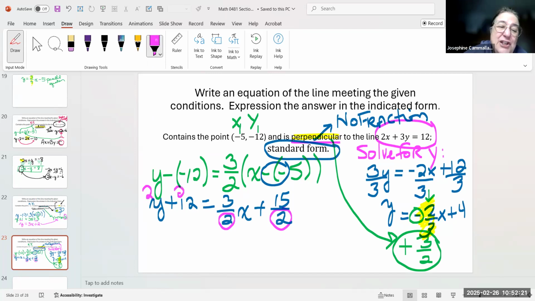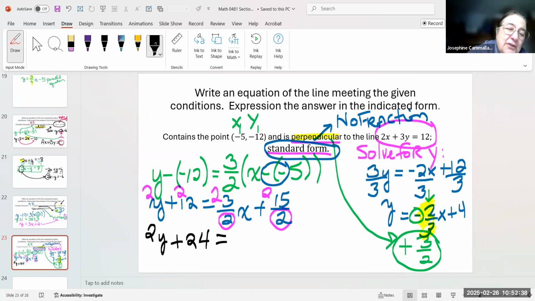Multiply each term by 2, because standard form says no fractions, which means I have 2y + 24 equals, now these 2's are going to cancel, and these 2's are going to cancel.